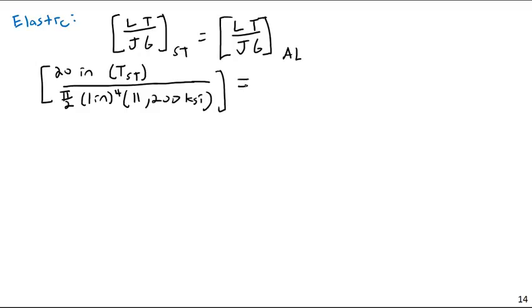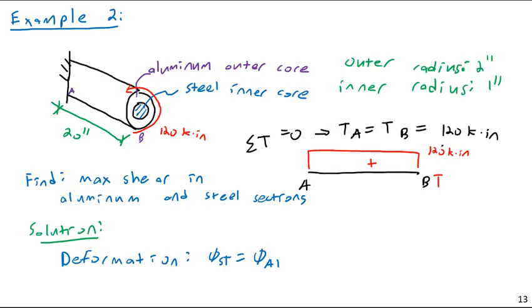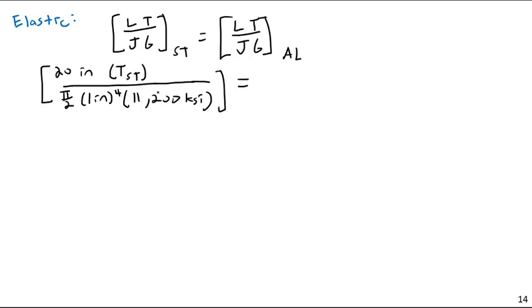Basically, we know that the total torque is the 120 kip-inches, but some of that is going to be carried by the steel core and some of it by the aluminum. And we don't know how much is going to be carried by each of them.